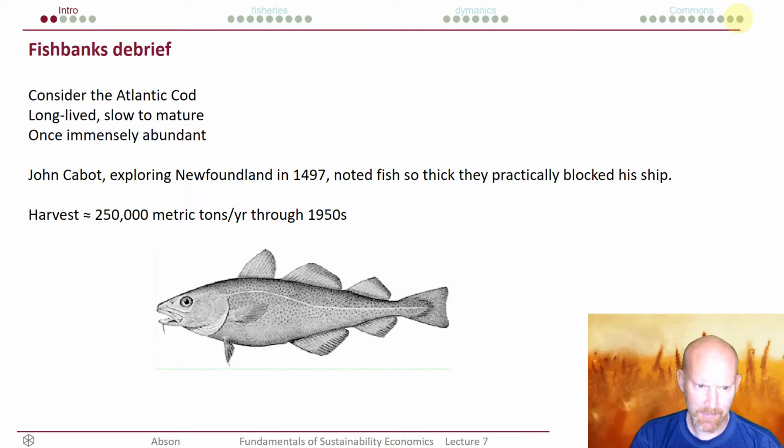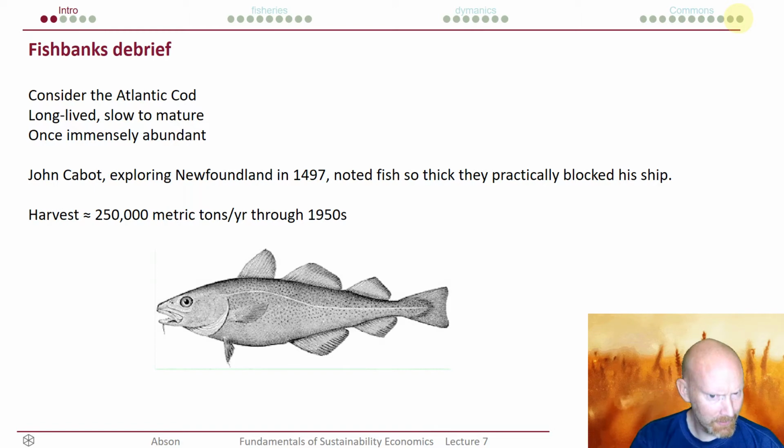John Cabot, when he was exploring Newfoundland off the eastern coast of Canada at the end of the 15th century, noted that fish stocks were so thick that they practically blocked his ship. People talked about being able to walk across harbours because the fish numbers were so dense.